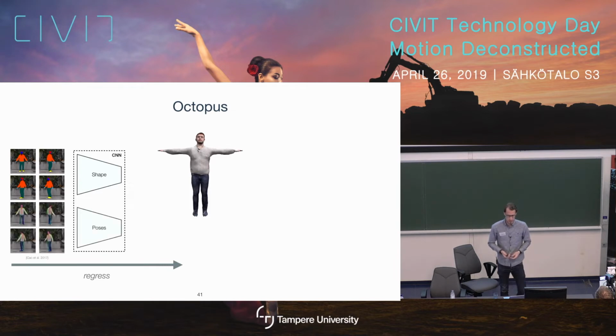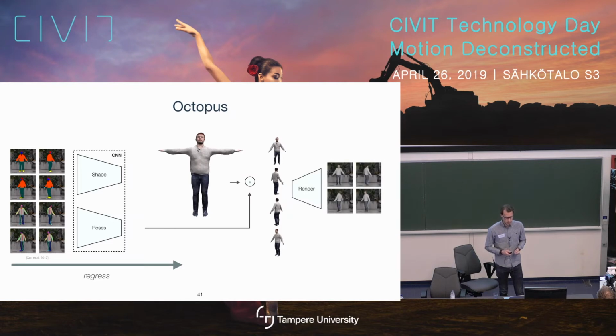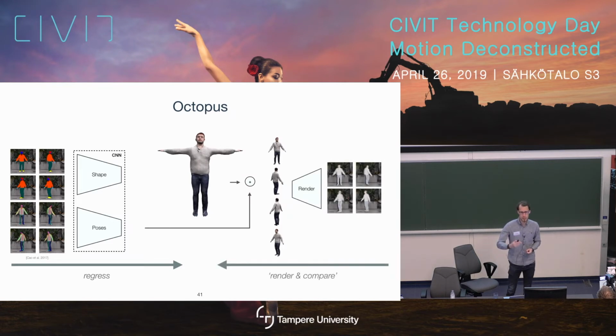And to recover this detail, we basically take inspiration from the last method and also estimate 3D poses of these input images. So at test time, we can simply estimate also 3D poses, and we can then use them to render and compare against the input images.